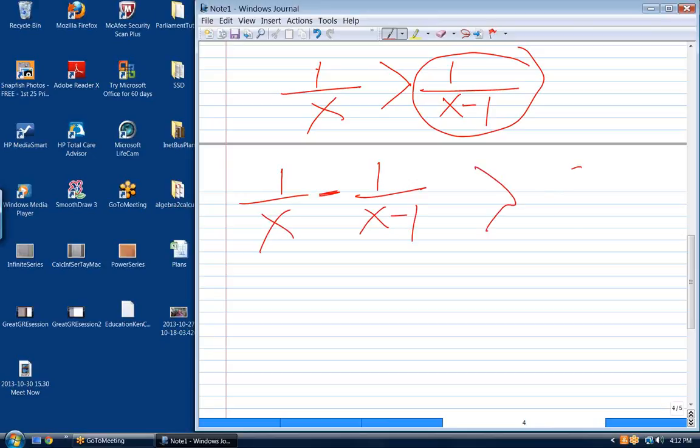And now we need to turn it into a single rational quotient. How do I do that? Common denominator? The product will always give you a common denominator.